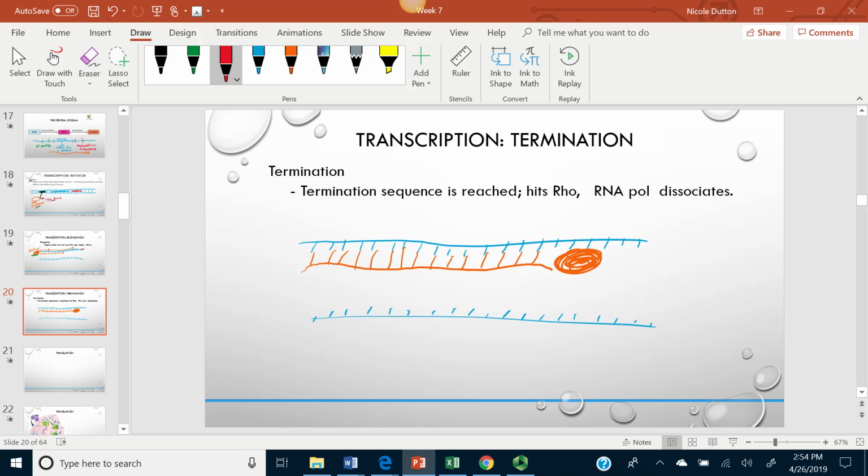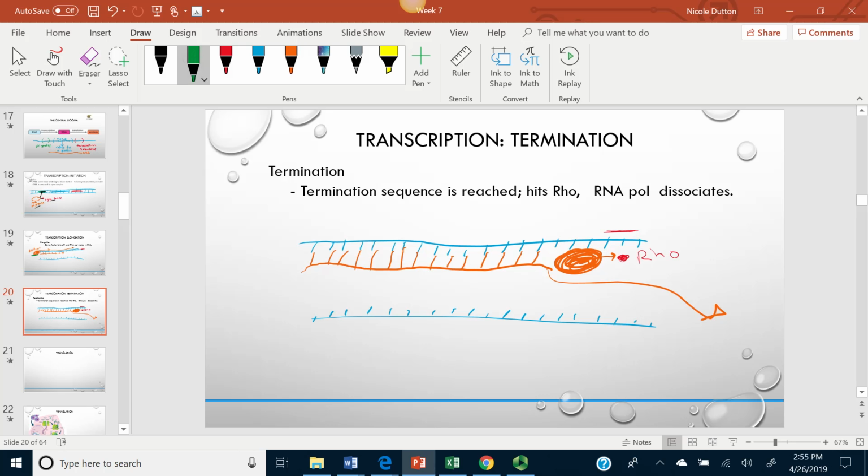And as soon as RNA polymerase hits this termination sequence, it's going to bump into this small factor known as Rho. So when RNA polymerase hits Rho, this entire thing falls apart and the messenger RNA will float away to go on to the process of translation.